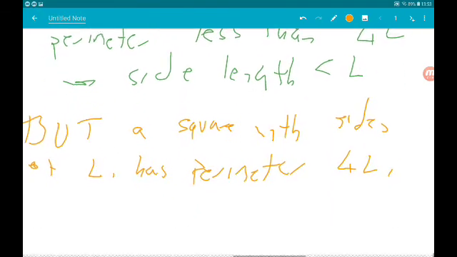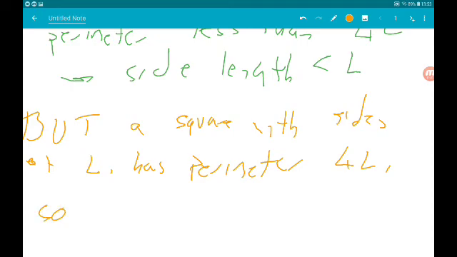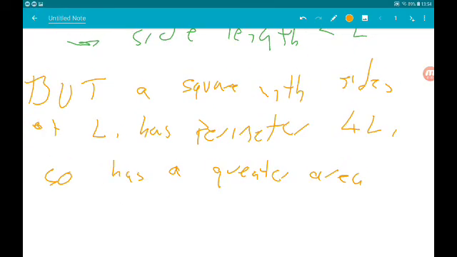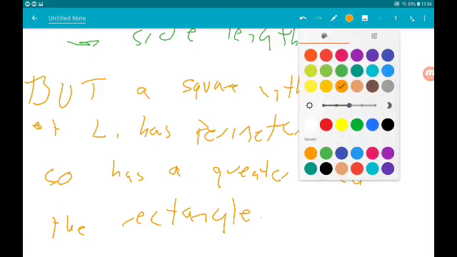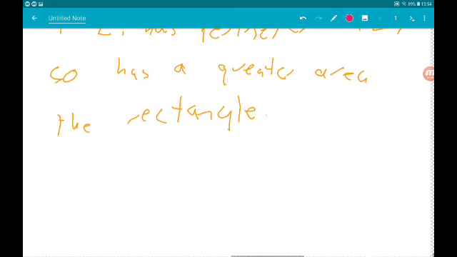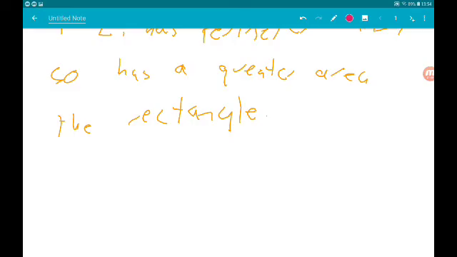So it has a greater area than the rectangle. So this is a contradiction, because the rectangle was supposed to have the greater area than the square with the same perimeter.